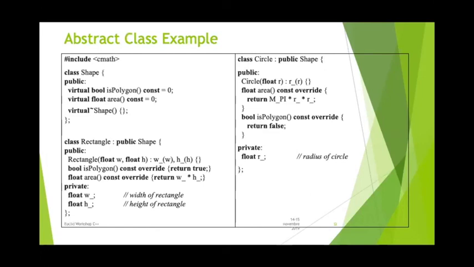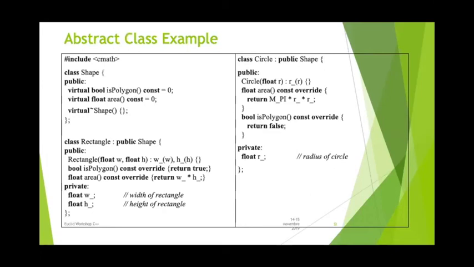Virtual float area to get the area, const, equals 0, and the destructor. It's all virtual here. Now I have the derived class Rectangle, which is derived from Shape. Here I'm using Rectangle with float w and h, width and height. It's just a constructor here. And bool isPolygon is overriding this function and returning true. It is a kind of polygon.